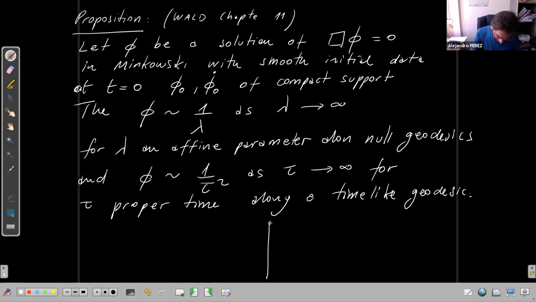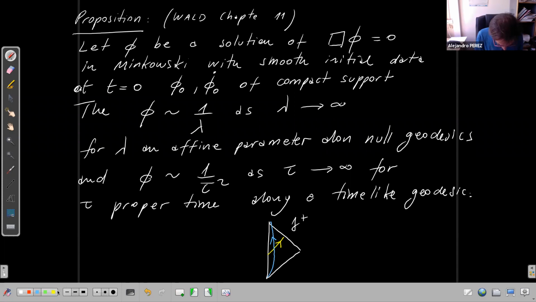So if I draw my Minkowski spacetime very tinily here because I don't have more space, this proposition tells us that if we follow a null geodesic towards scri plus, then the field decays like 1 over the affine parameter, which is the expected decay rate for radiation fields. And if we follow some timelike geodesic, then it decays like 1 over time squared.